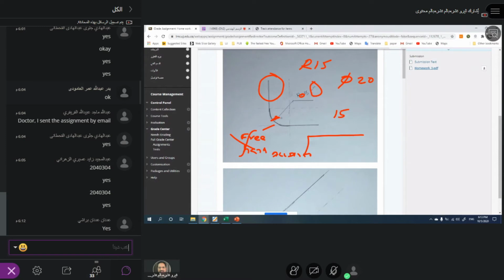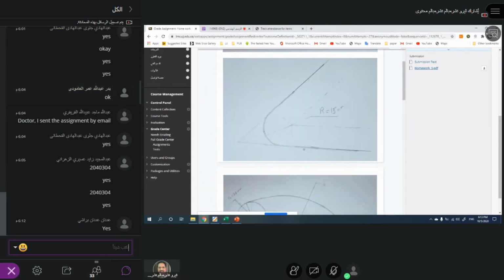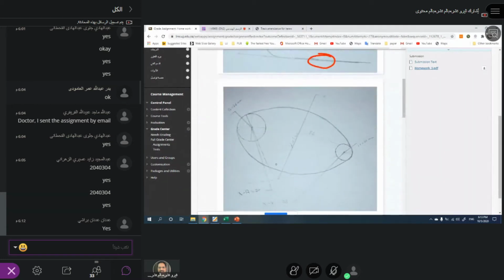So here is the freehand sketch, which is wrong. See, somewhere thicker, somewhere thinner. Oh, see this. I think this is freehand. See the distance here and the distance there.